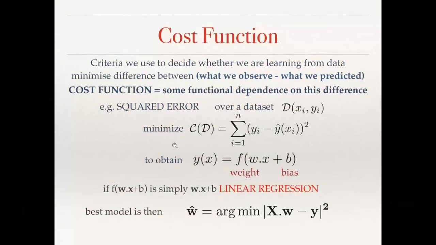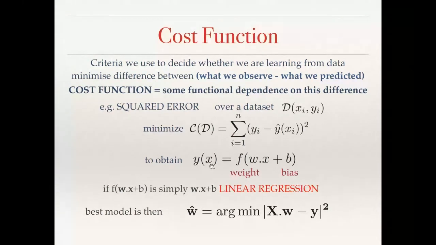And the idea is that we are going to minimize this cost function to obtain the specific values for these W's over here. So if, for example, you say that your predicted outputs given inputs are going to be a function of your inputs with a weight and some bias, this function can be extremely complicated. Or it can be just linear.